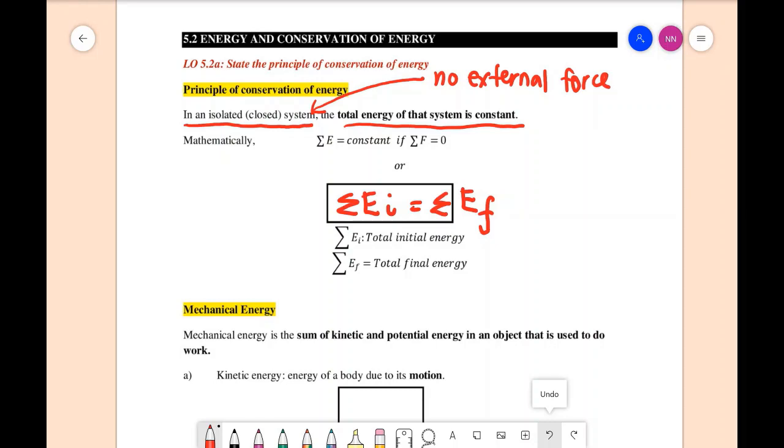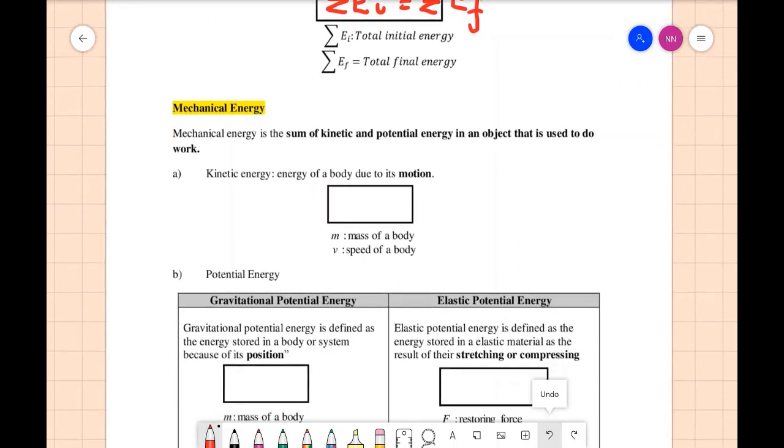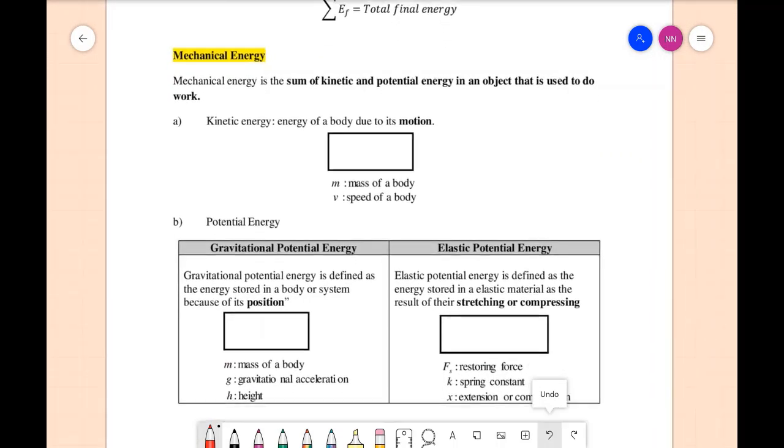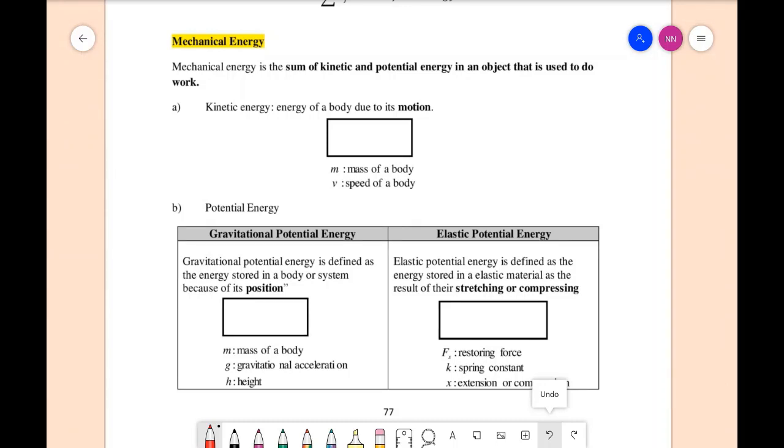Let us find out about mechanical energy. Mechanical energy is the sum of kinetic energy and potential energy in an object that is used to do work. Kinetic energy is the energy of a body due to its motion. If the object moves, that means the object must have kinetic energy.